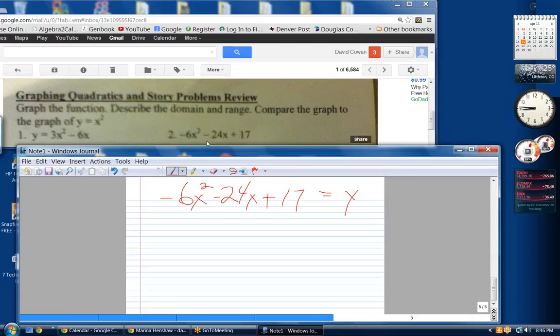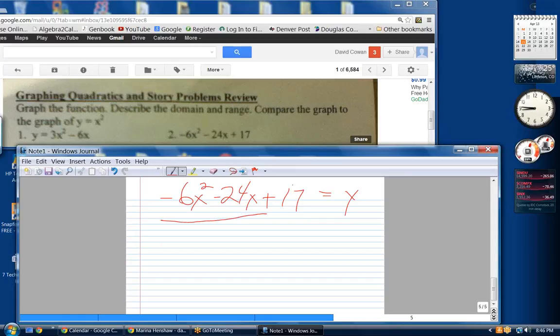Now, in order to complete the square, what's the first step I have to do? Subtract 17. That's what I did on the last one, but that really wasn't the way to do it. I made kind of a mistake there. I probably gave you a false impression. When we're completing the square, we want to work with this part only.